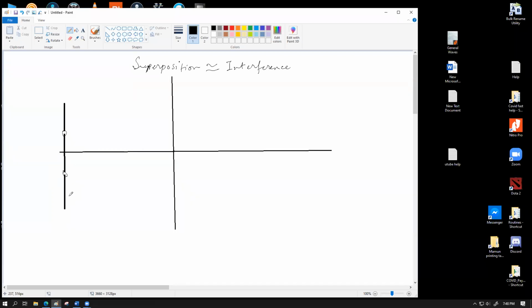If these two sources are coherent, they'll be sending waves in a known pattern. That will give us an obtainable visible pattern on this screen so that we can have bright and dark locations. Other than that, if the two sources are not coherent, superposition will happen, but that effect will not be observable. So that's one of the key parts that we need to understand.